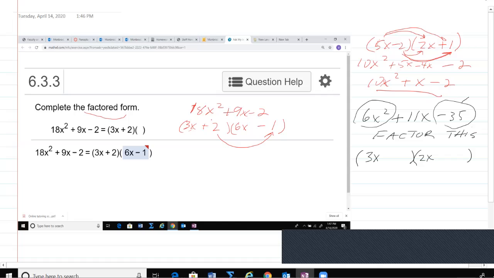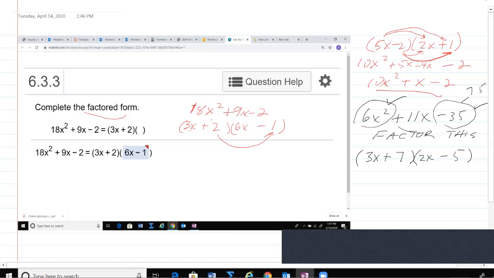I might try 7 and 5. But one of them's got to be negative to make that negative. So I might try plus 7 and minus 5, for example. So these are covered. I know I will have those two numbers, 6x squared and negative 35, from this.